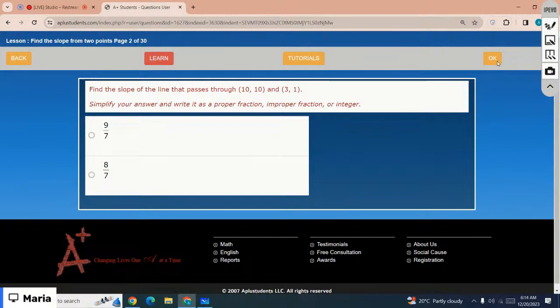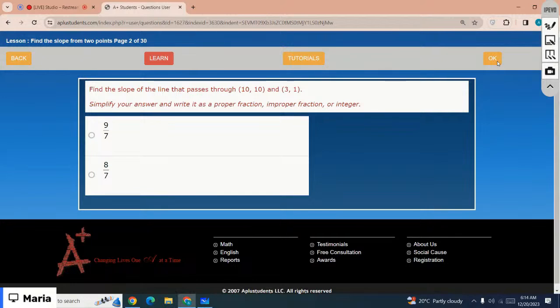Find the slope of the line that passes through 10, 10 and 3, 1. So how do you calculate the slope? You are given 2 points, so just calculate the change in y divided by change in x.